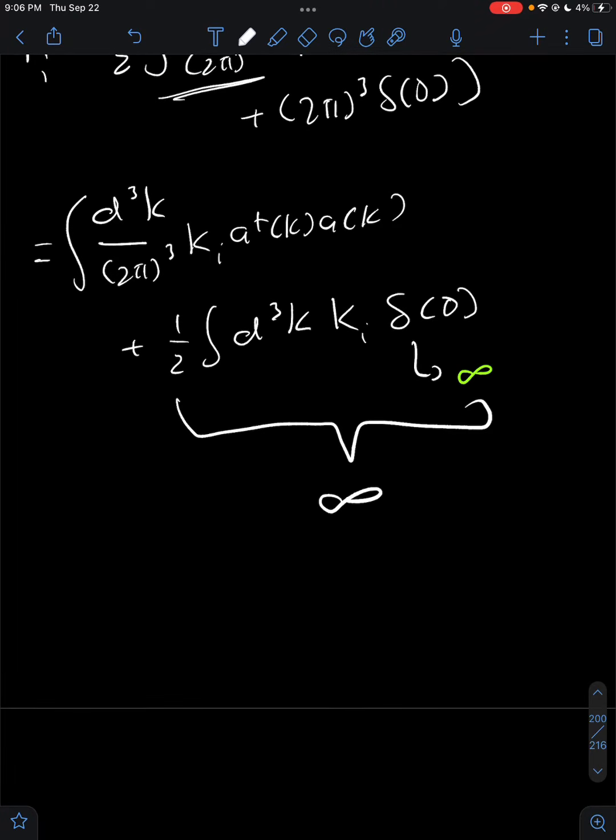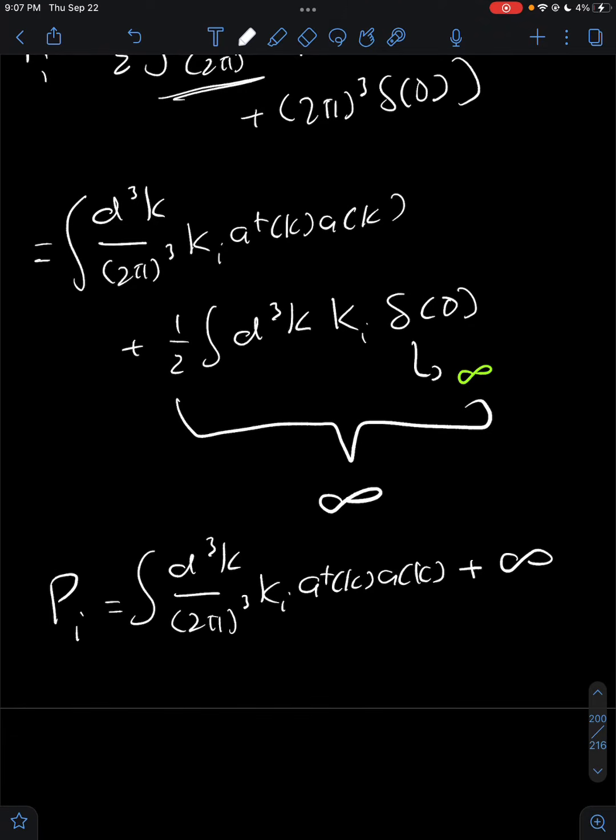So this means that our momentum operator is just the first term, which is this, plus infinity.